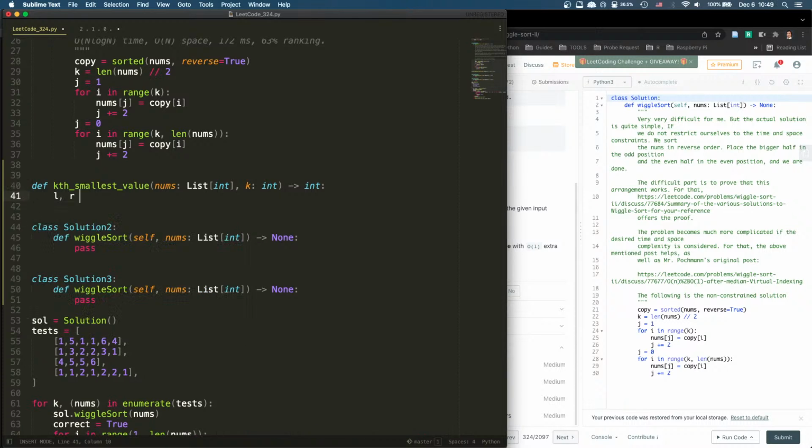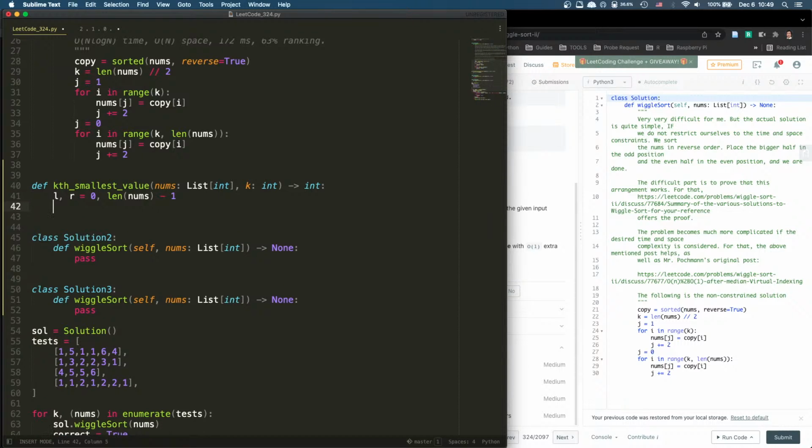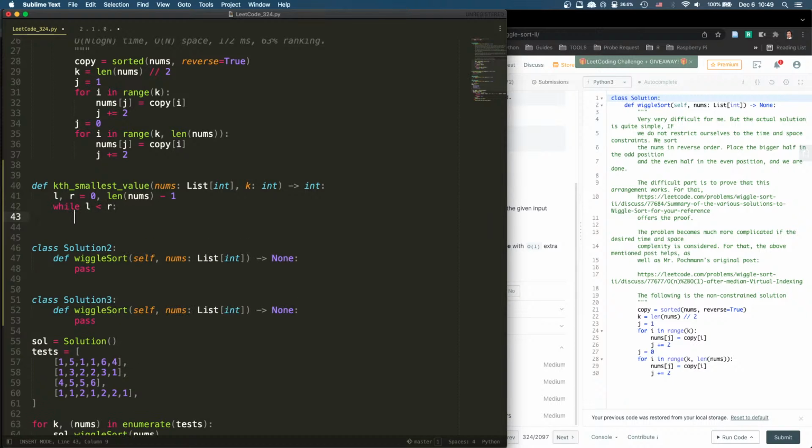So we have left and right, 0 and len nums - 1, right? And we do while left is smaller than right, right? While left is smaller than right, we are going to find the pivot.